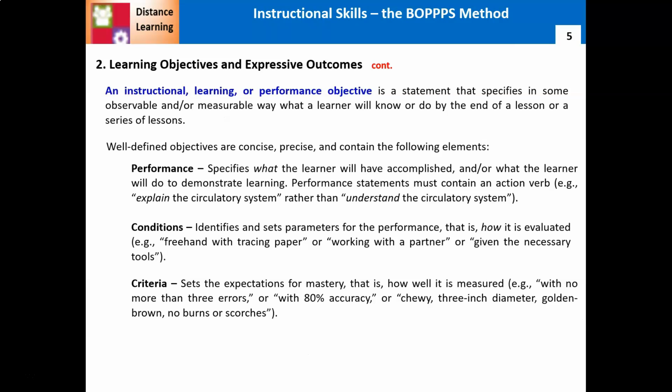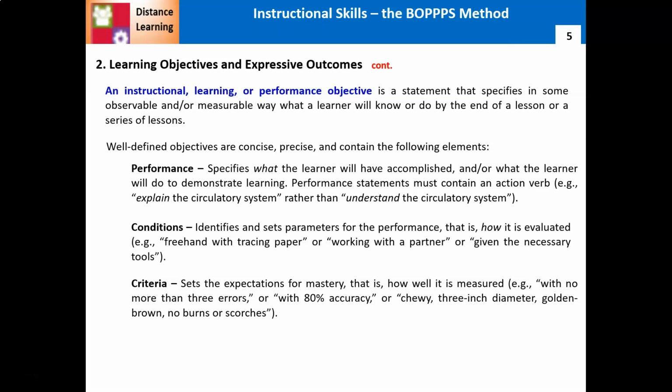So an instructional learning or performance objective is a statement that specifies in some observable or measurable way what a learner will know or do by the end of a lesson or a series of lessons. Well-defined objectives are concise, precise, and contain the following elements.